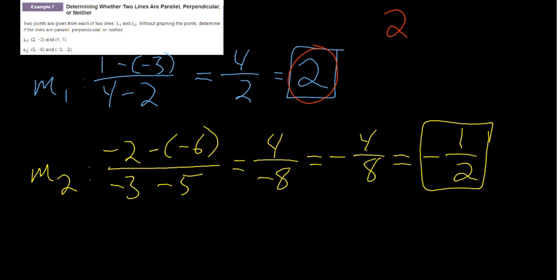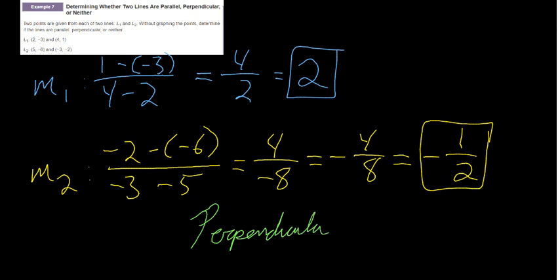So we can say that these two lines are perpendicular. Let's just write perp. They are perpendicular to one another. And that concludes Chapter 2, Section 2.